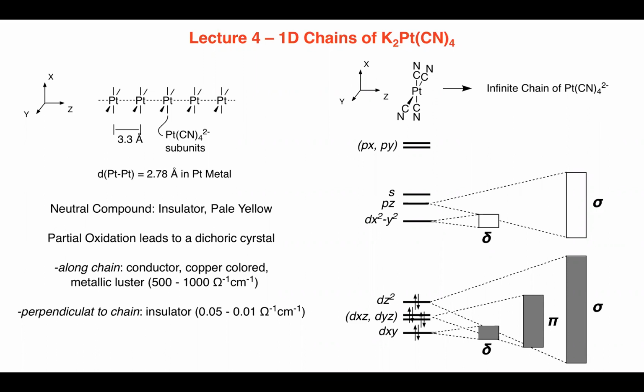Think about this platinum center here. This is going to be our z direction, right? dz squared. You have 2 platinums coming together, and those dz squared orbitals are pointing right at each other. We also have xz and yz pointing right at each other.